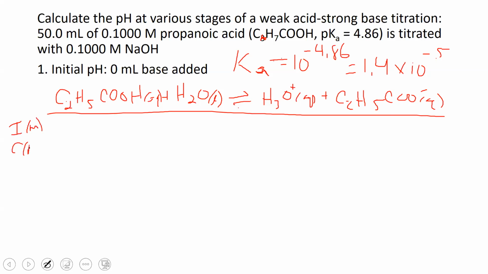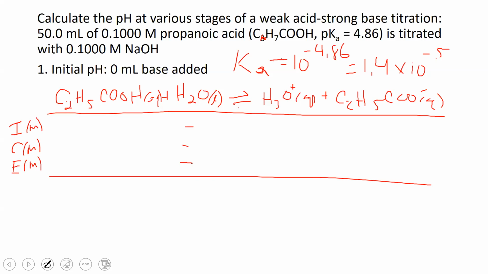Initial, change, and at equilibrium. We don't worry about the water still. And our initial concentration of the propanoic acid is 0.1000 molar.